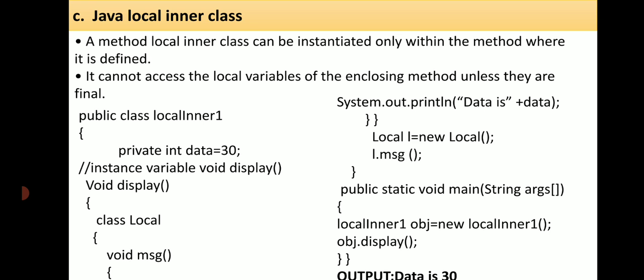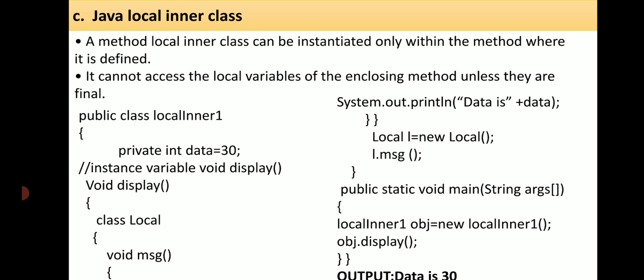Whenever you call obj.display, it will call the message method and print data, because you are calling l.message. Because it is the body of your display method, it will process everything. Then l.message automatically calls the method of this local class.